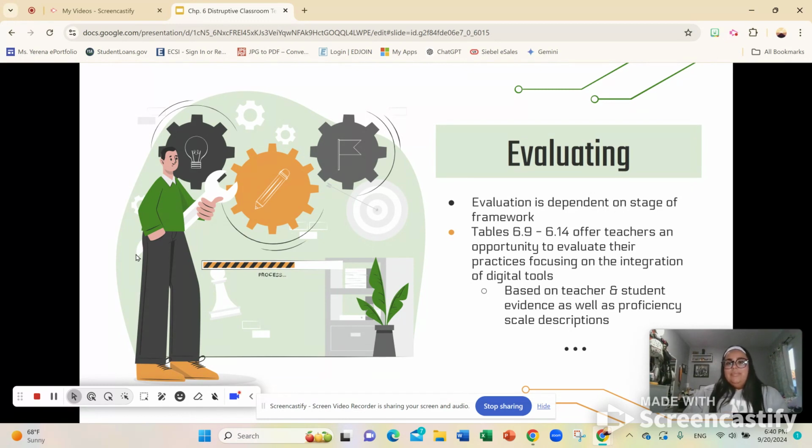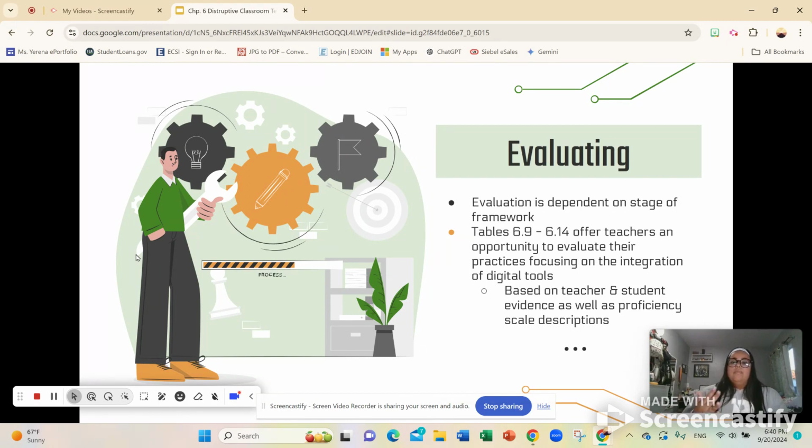The evaluation stage is important because now that you have set goals, and have had time to reflect on them, you should also be able to monitor and evaluate the progress that you have made on those specific goals.